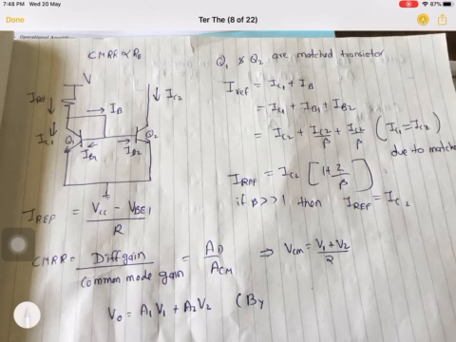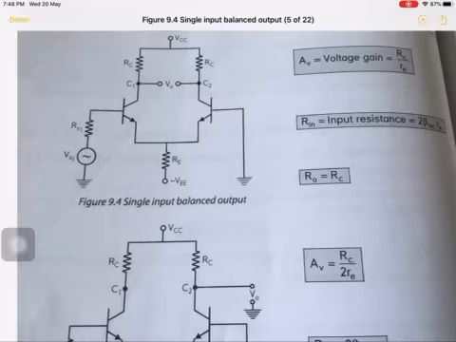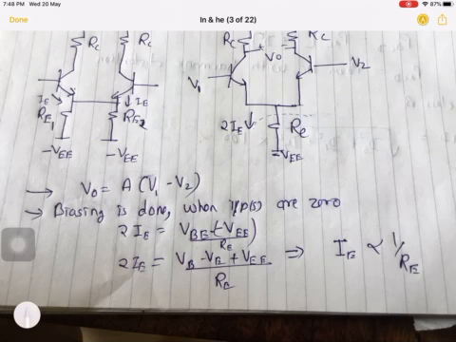So what we can do is replace the RE resistor by a current source, which has a constant current and at the same time very high impedance. So we can simplify our problem.